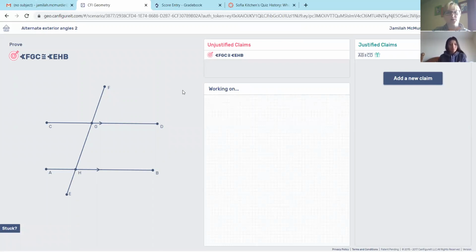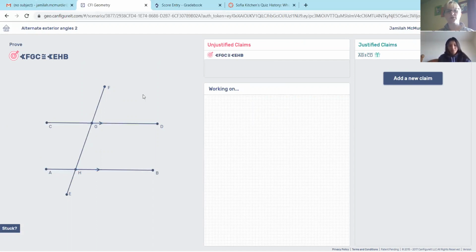So here we're trying to prove that FGC, so this angle, actually it'll go like this. If we just hover over it, it actually shows it on the picture, which is nice. So we're trying to prove that those are congruent, okay? And it's already telling us that these two lines are parallel.